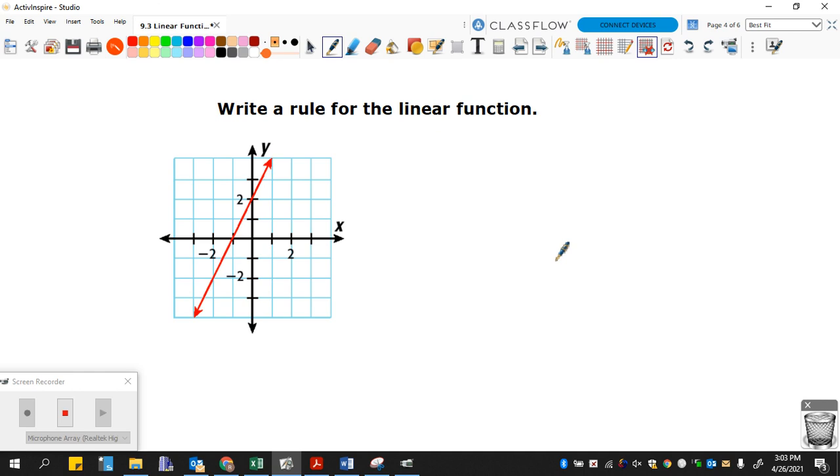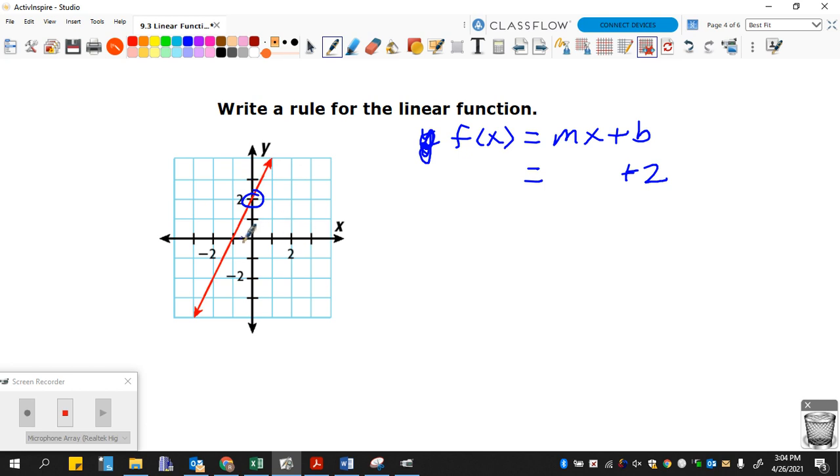Write a rule for the linear function. Basically, we're going to say y, or f of x, is equal to mx plus b. What's the y-intercept? The y-intercept is at 2.